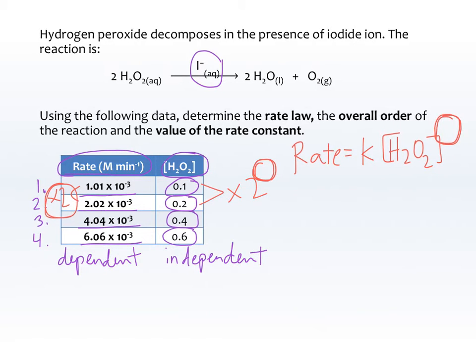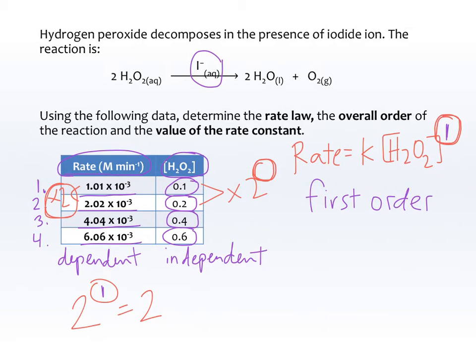So 2 to the what power is equal to 2? 2 to the blank equals 2. Hopefully you're filling that blank in as a 1, which means 2 to the first power is 2, or [H2O2] to the 1. So H2O2 is first order. It's first order because doubling the concentration doubles the rate. You would have to take the concentration change to the first power to equal the rate change.